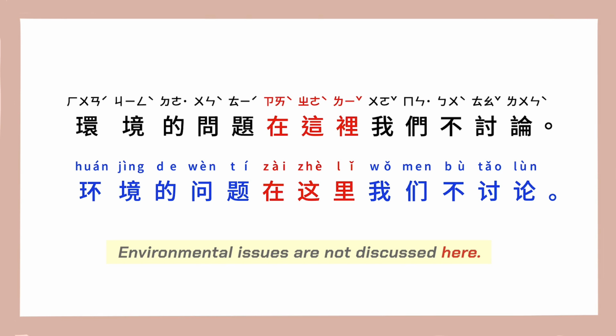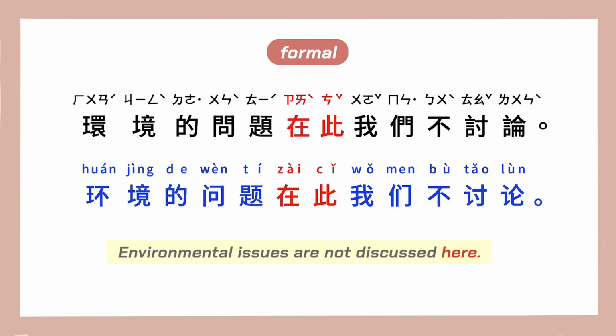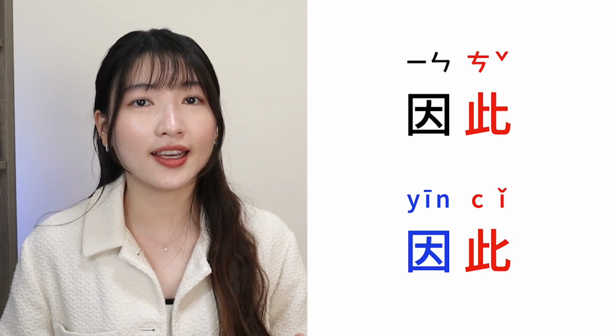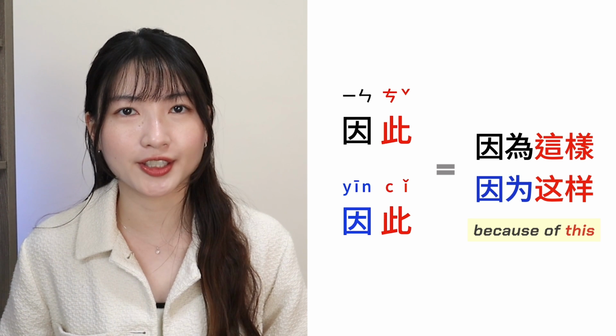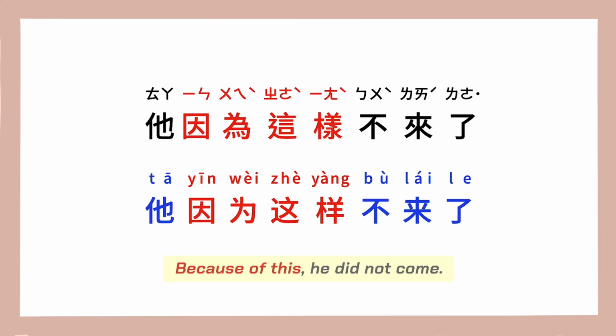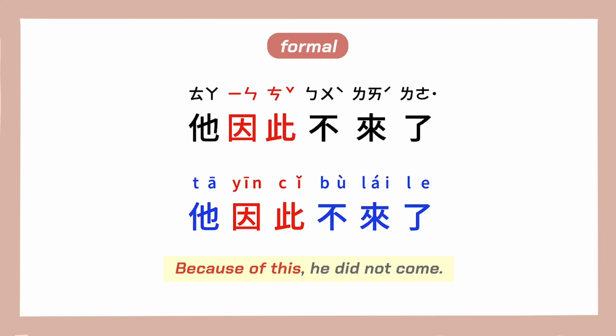To make it more formal and sound more professional, you can write 环境的问题在此我们不讨论。Another word is 因此。因此 means 因为这样, because of this. 他因为这样不来了 can become 他因此不来了, because of this he did not come.